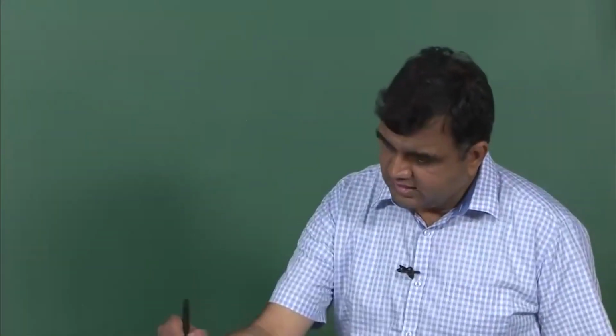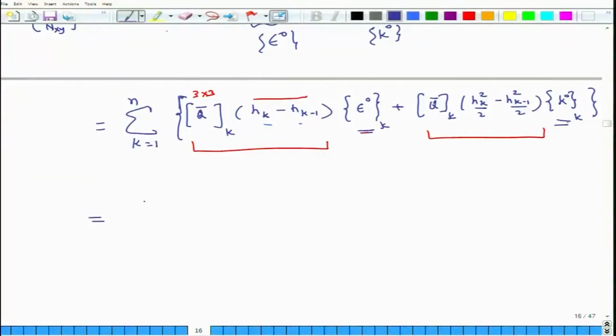So, that is equal to a 3 by 3 matrix A times the mid plane strain. So, from here I get A. And I do the same thing on the second one.